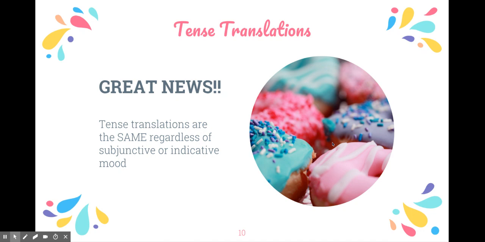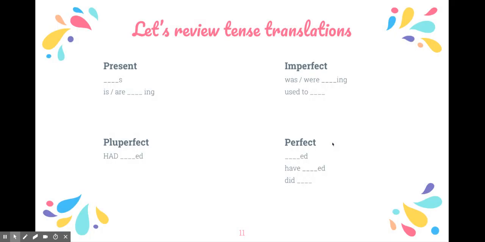The imperfect is the easiest of all of the subjunctive tenses to learn. The good news for all of you is that it doesn't matter if your imperfect or your pluperfect is in the indicative or the subjunctive mood. You translate them exactly the same. So let's do a quick tense translation. The present tense is, as in walks, or is walking. You could translate it either way. The imperfect tense is was or were walking, or he used to walk.